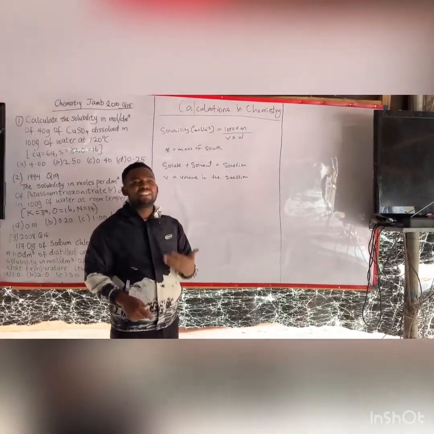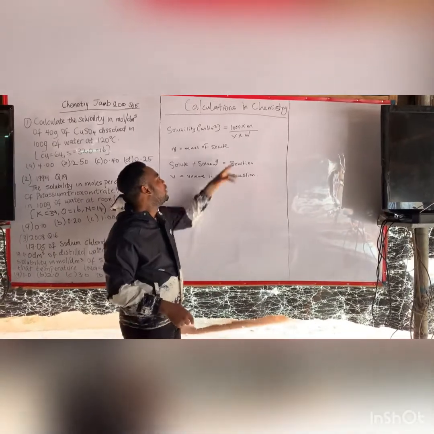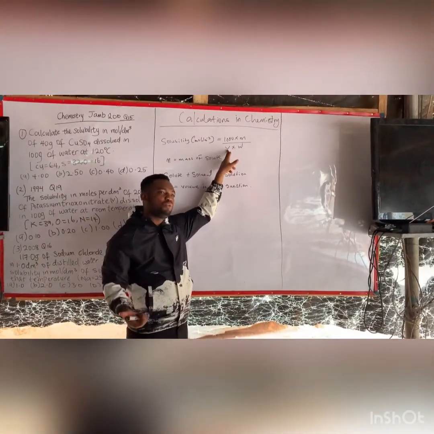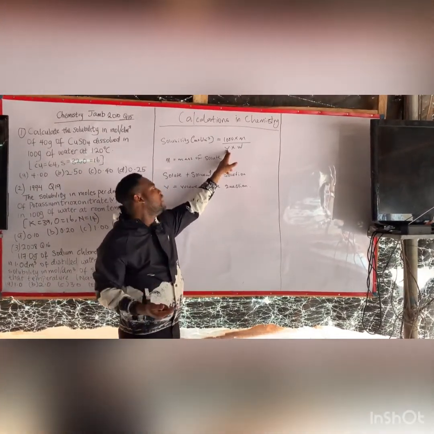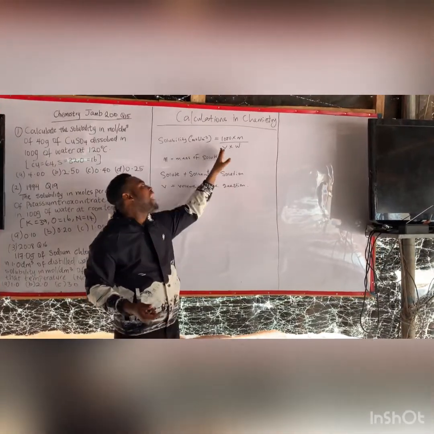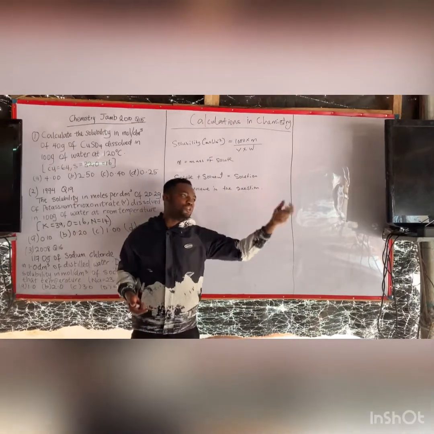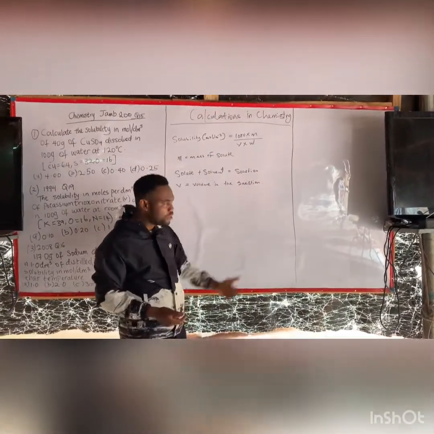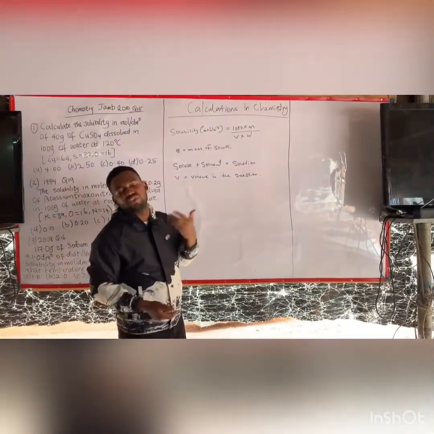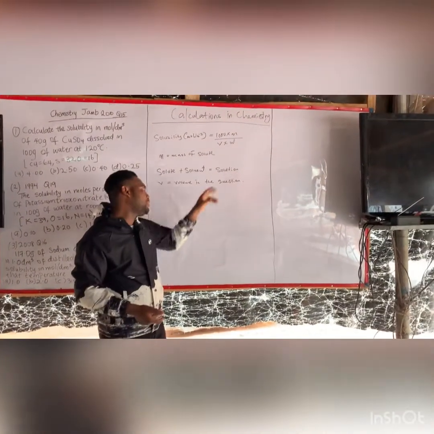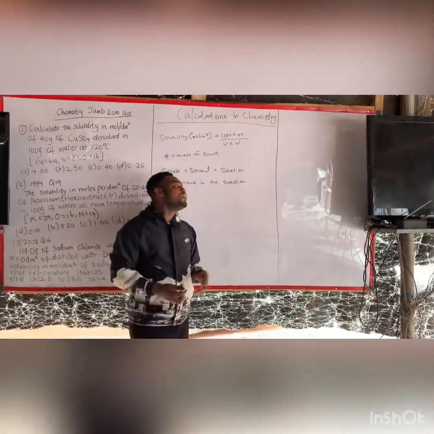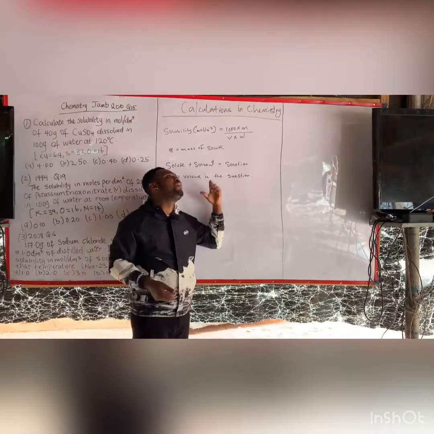But examiners make this mistake of putting volume of solvent to be the volume of solution. So in any case, anytime you are faced with this kind of calculation, take the volume given to you as the volume of the solution, even if the question says the volume of solvent. But usually it's supposed to have been the volume of solution. So that's why I call it the volume in the question.